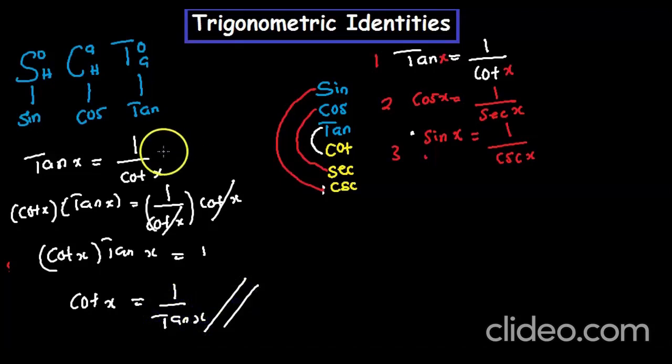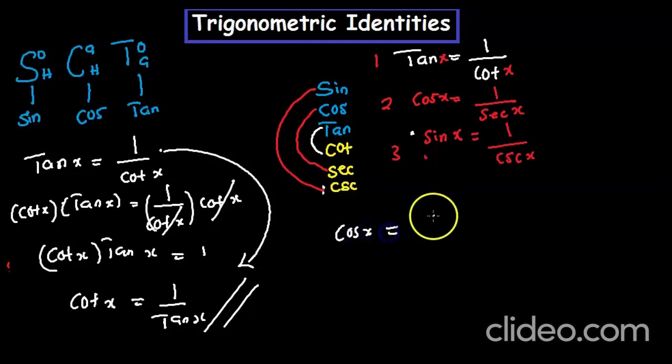If you notice, tan x is the same thing as 1 divided by cot x, and cot x is the same thing as 1 divided by tan x. This shows that we have proved the reciprocal. Let's take the second one. If you set cos x, this is simply going to be 1 divided by sec x.